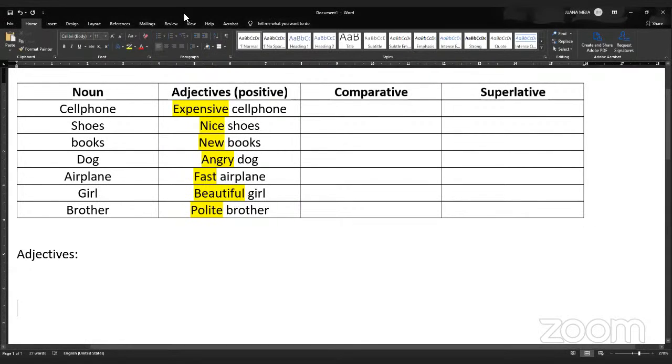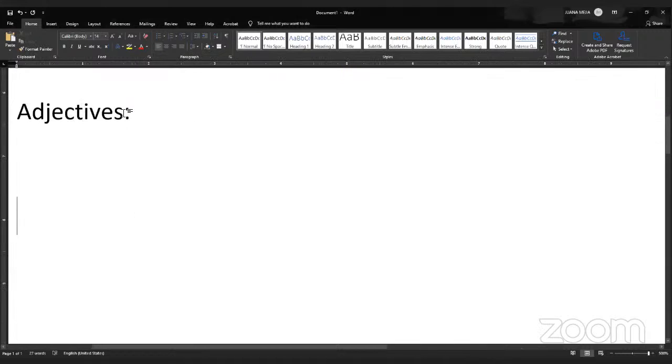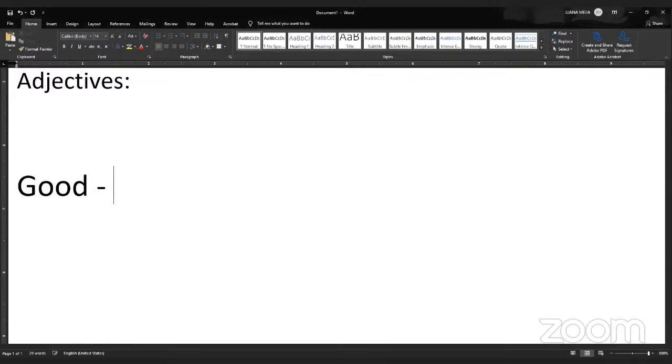Well, guys, in the previous slides we studied some spelling rules about how to change a positive adjective to the comparative. But as I said, there was one spelling rule missing. This one is about irregular adjectives. For example, good. What is the comparative of good? Anyone?